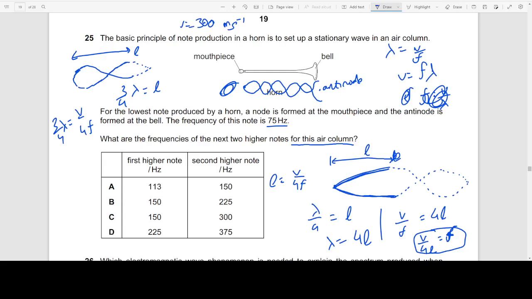Instead of lambda we can just substitute v upon f.